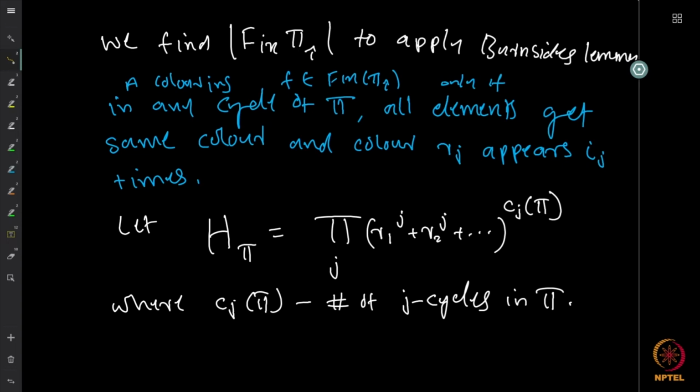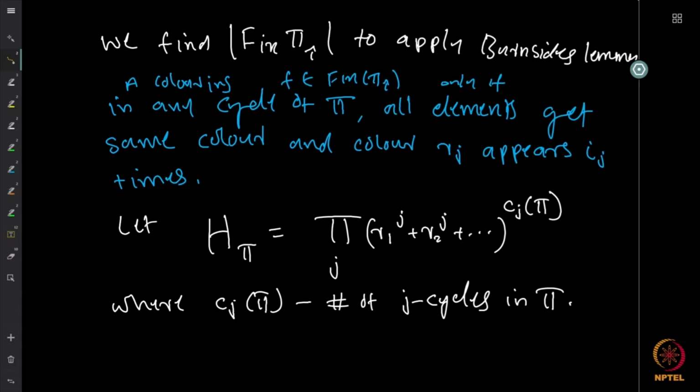Now the product of these terms will be some monomial, something like r1 raised to j1, r2 raised to j2, etc., where we have used the color r_k a number of j_k times. So this corresponds to whatever monomial we are looking at.